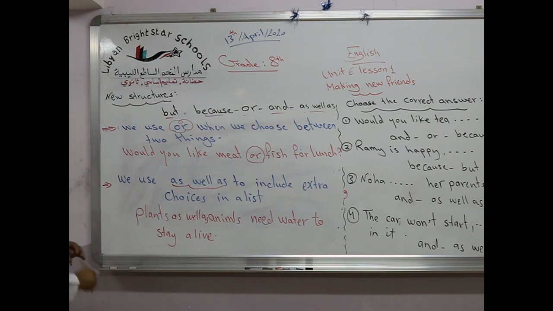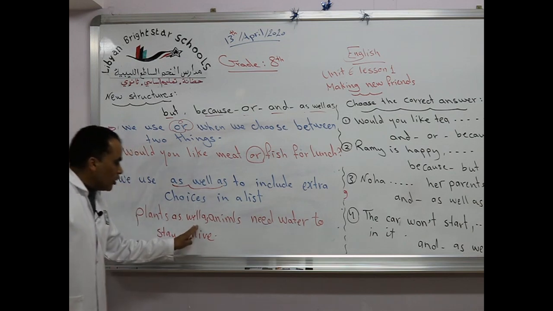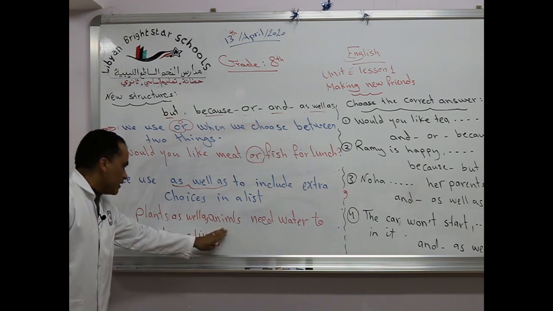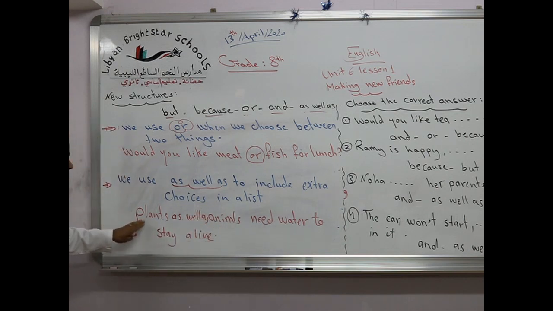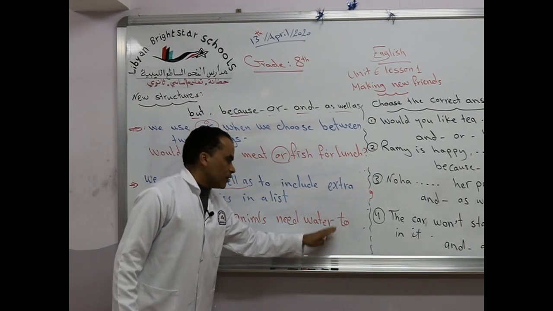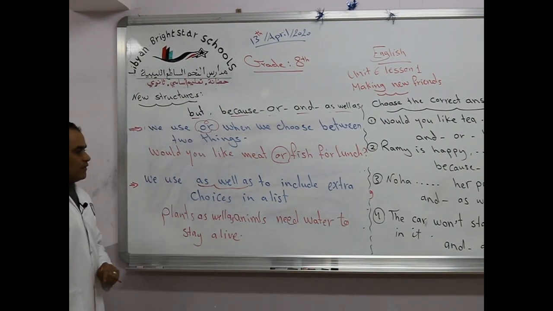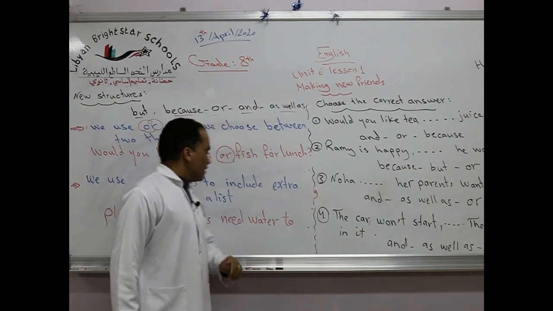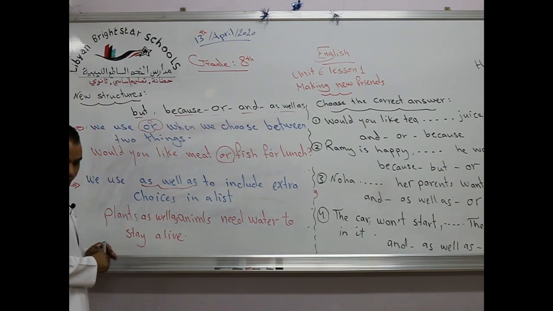As well as means in addition, or not only but also. Not only animals but also plants need water to stay alive. We use as well as to include extra choices in a list.